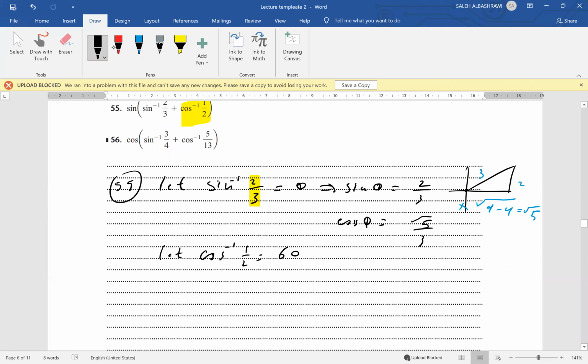Now, using the sum of two angles identity, I will have sine of sine inverse 2 over 3 plus cosine inverse 1 over 2, which can be written as sine of theta plus 60.